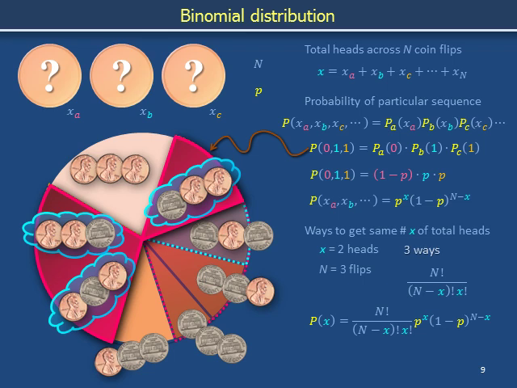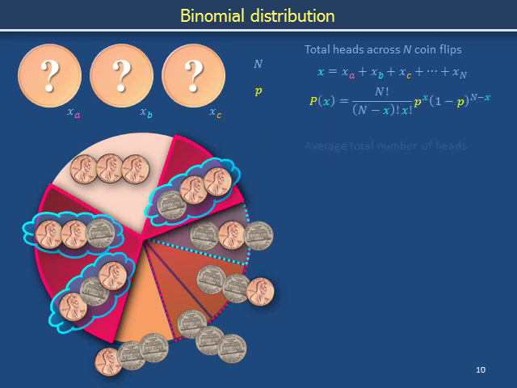Now that we have described the pie chart to the left, we will present a couple examples of its associated statistics. What is the average total number of heads obtained from many experiments, each of which consists of n coin tosses? While we could directly substitute the probability distribution from above into this weighted sum, we instead recognize that x is a sum over individual outcomes xa plus xb plus xc and so on.